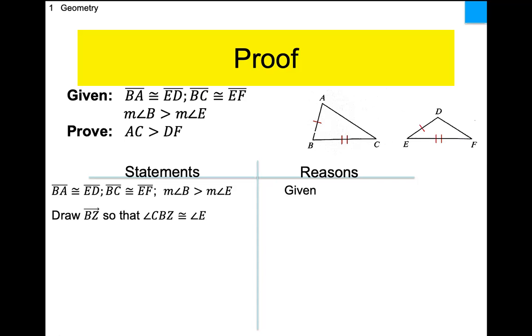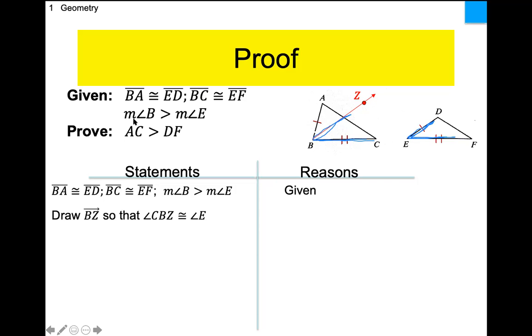So I'm going to draw BZ so that angle CBZ is exactly the same as angle E. I'm going to claim that this angle right here, CBZ, is exactly the same as this angle here. So that's my basic construction, and I can do that.